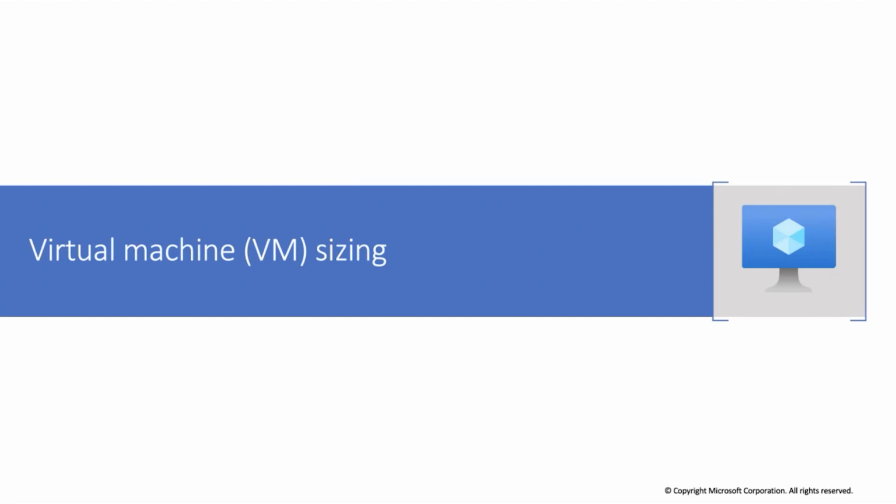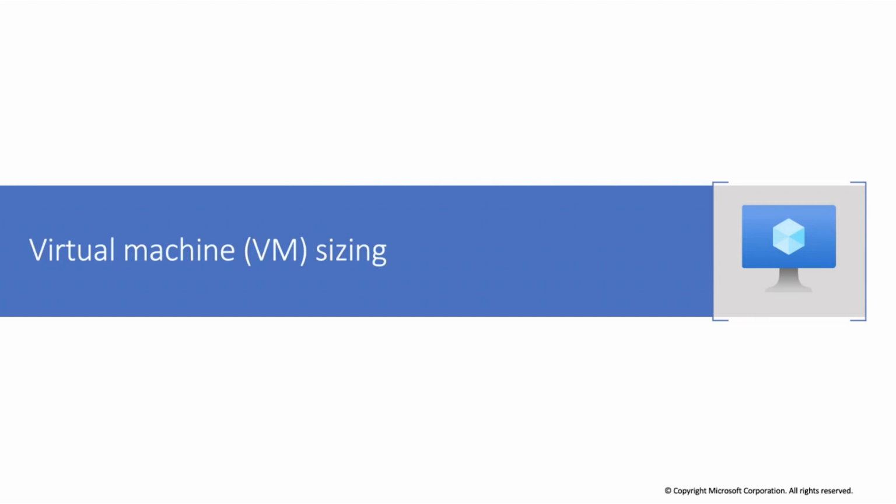Now, as I had mentioned, any kind of a workload. Here I'd like to give you some examples. Say, for instance, I want to deploy a database server, a web server, an application server. In that context, are you going to deploy any kind of a VM?